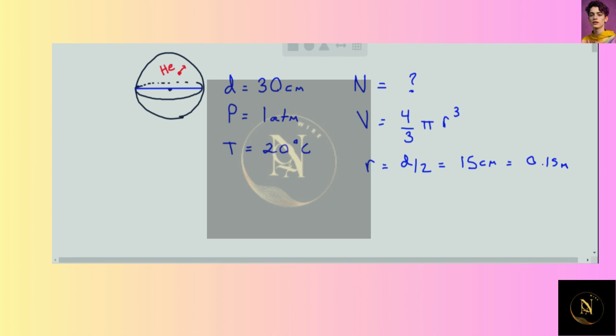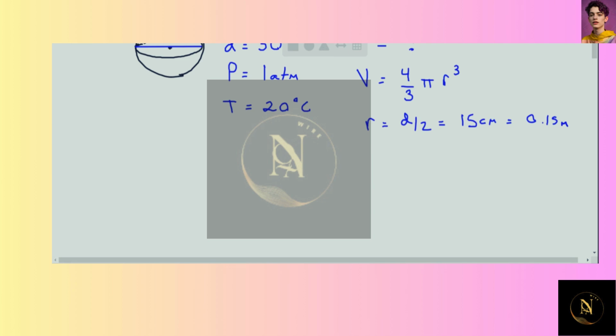Okay, so now to actually determine the number of molecules of helium inside this sphere, we will refer to one of our equations for an ideal gas that we derived from the molecular model of gas, which was that the pressure is 2/3 times N over V times the average kinetic energy.